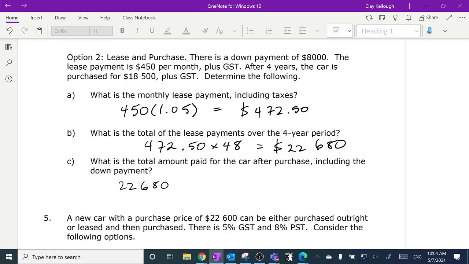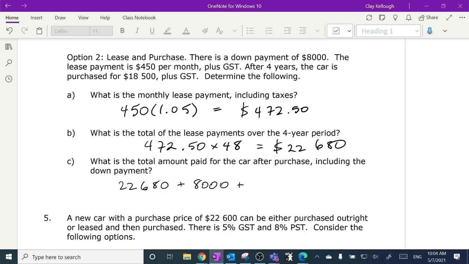Hang on, did I punch that right? 450 times 1.05, and then times that by 48. Yep. Okay, so I paid this, plus I paid $8,000 for down payment. Then, after 4 years, the car is purchased for $18,500.